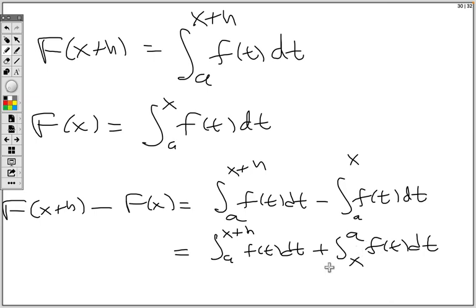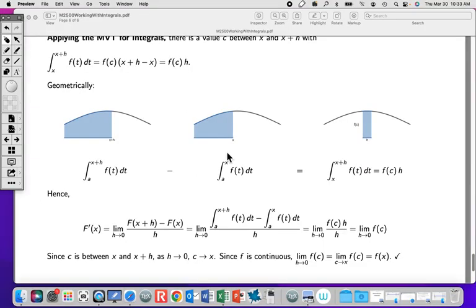And so then I would write this as the integral from x to x plus h of f of t dt. And that's what's going on in the picture: I just have the integral from x to x plus h.